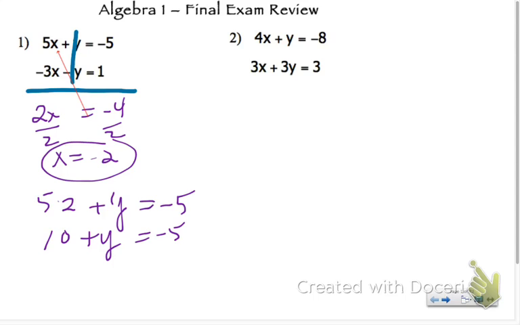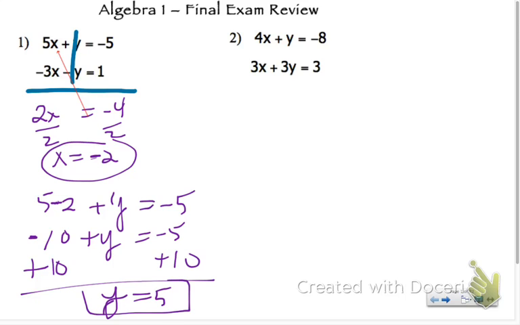Actually, there should be a negative 2 here, so that's 5 times negative 2, so that's a negative 10. Now I add 10, and that gives me y equals 5. And that is my answer.